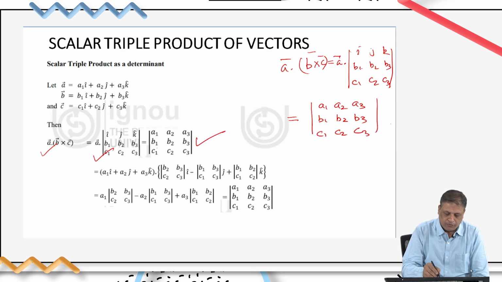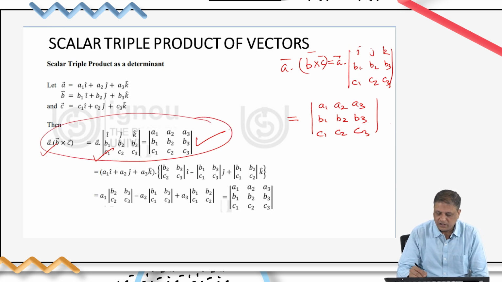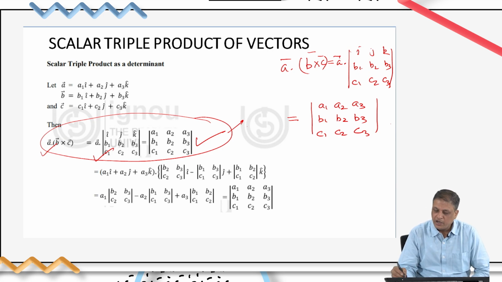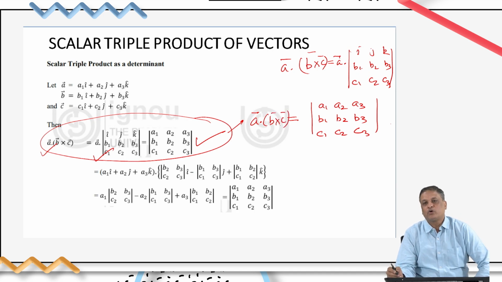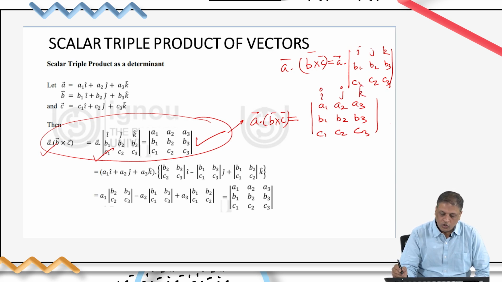So, this is the final formula. Simply put the components of the i, j, k unit vectors into their respective columns: this column is for vector i, this for vector j, and this for unit vector k, and solve the determinant.